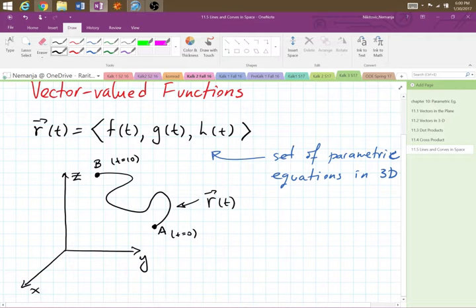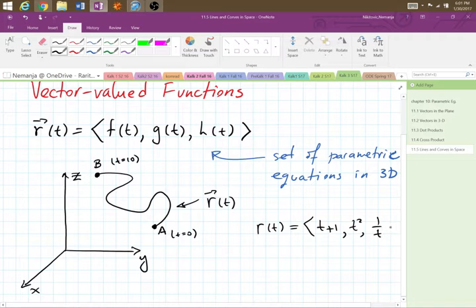So, the most basic thing here is to understand that you are actually plugging stuff in. So if I have an example that, let's say, r of t is equal to t plus 1, t squared, and 1 over t plus 1, in which case I can't use 0 because of 1 over t.